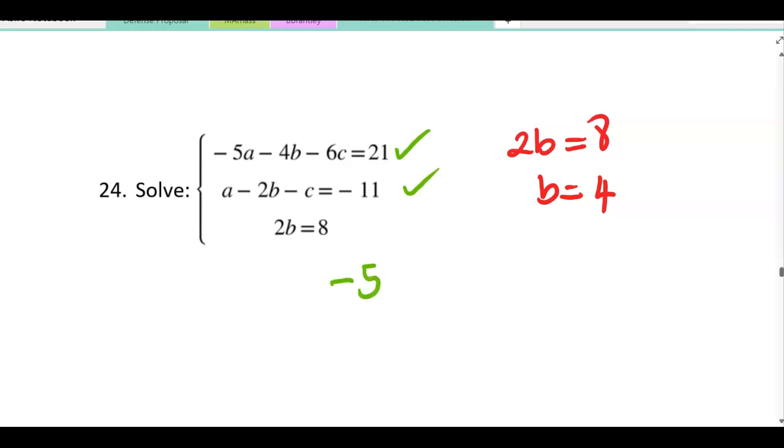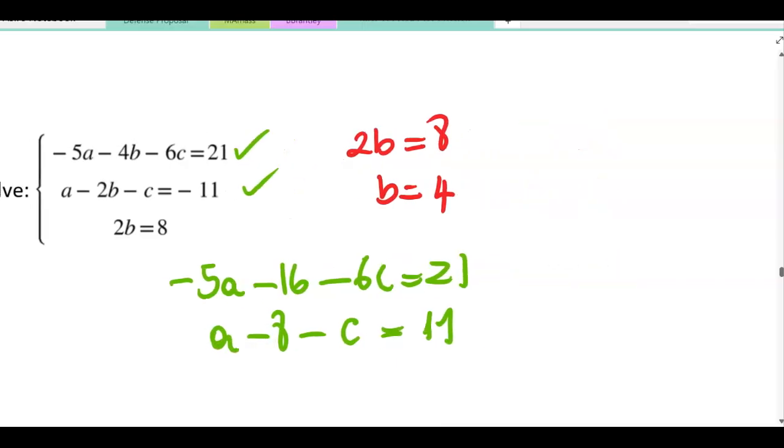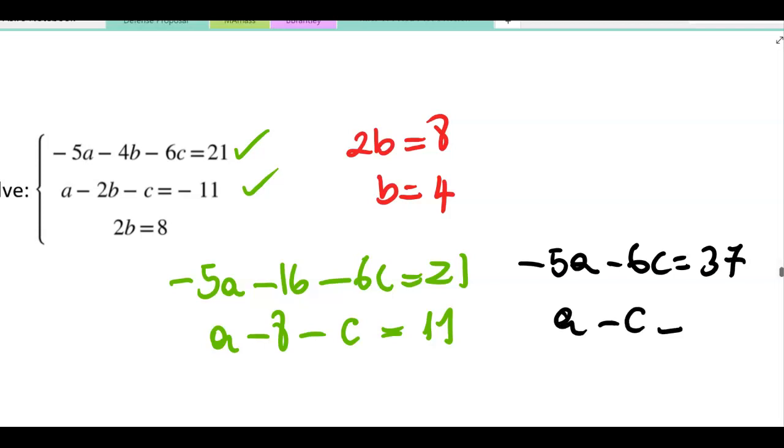That will be negative 5a, negative 4 times 4, that is negative 16, minus 6c equals 21. And that will be a minus 8 minus c equals 11. So if I rewrite this first equation, that will be negative 5a minus 6c equals 37, and that will be a minus c is equal to 19.